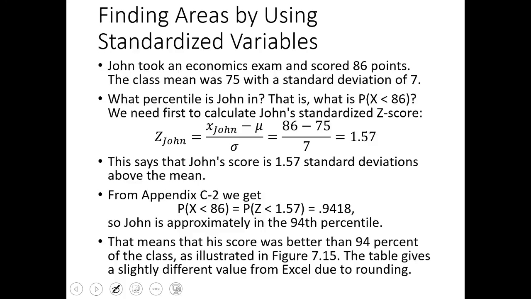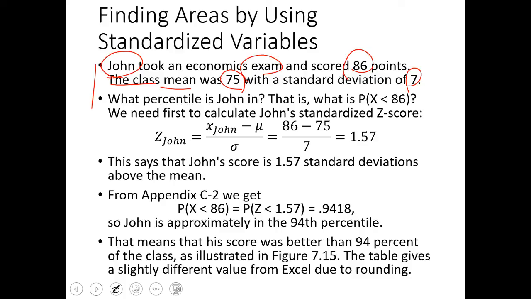So let's use this table with an example. John took an economics exam and he scored 86 points. The class exam score has mean 75 and standard deviation 7.